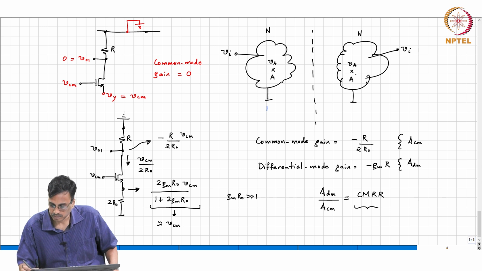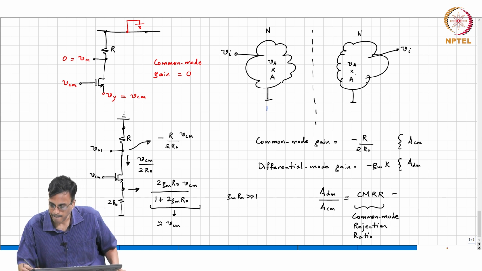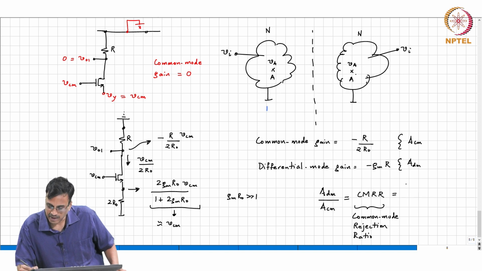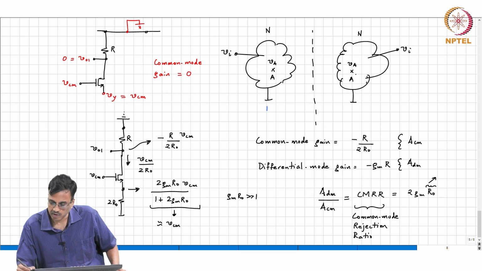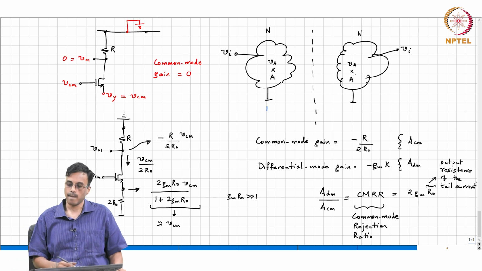Unfortunately, because the current source is not ideal, this common mode rejection ratio, CMRR, which is ideally supposed to be infinite, will be nothing but 2 gm R naught, and this R naught is the output resistance of the tail current source.